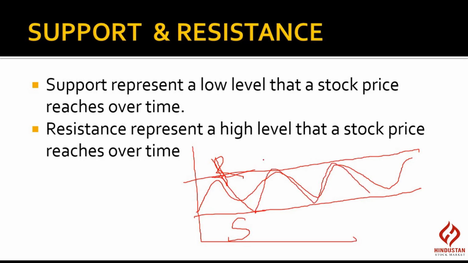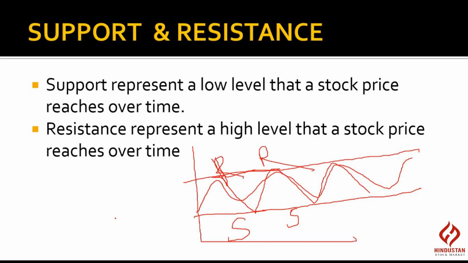That is why this line represents a resistance level and this line represents a support level. The stock price is not going beyond this level for a particular time period. So this is all about the support and resistance level.